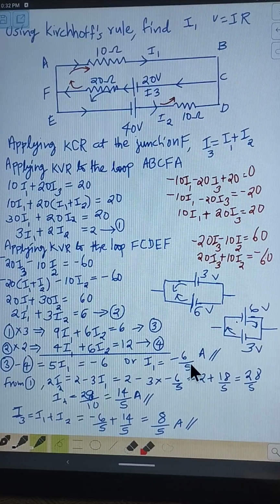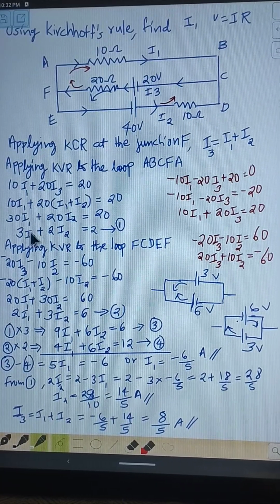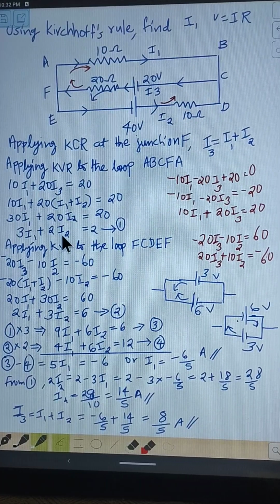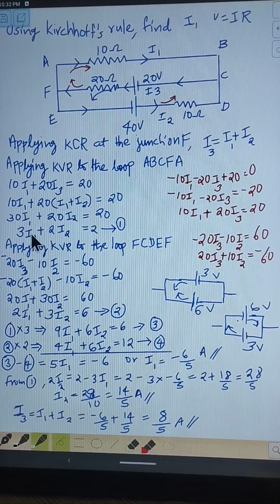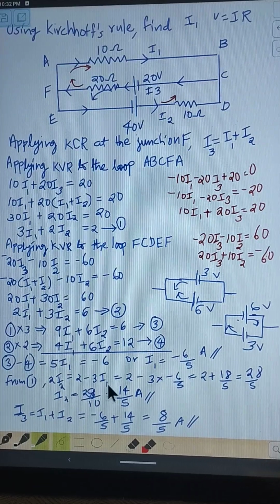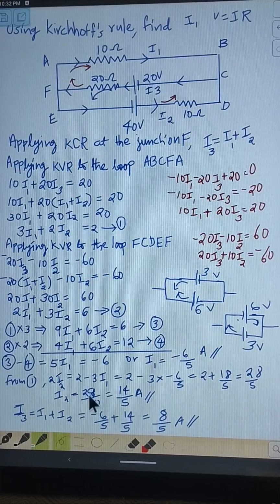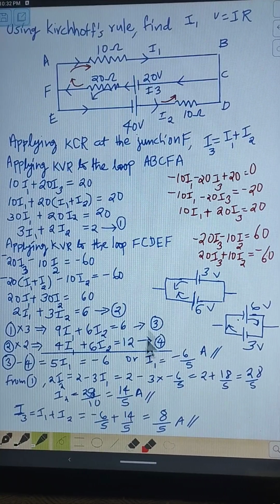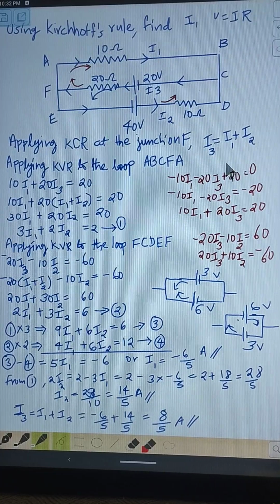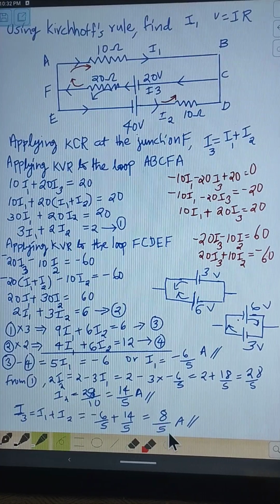I1 we got as minus 6 by 5, and here 3I1 plus 2I2 is equal to 2, so 2I2 is equal to 2 minus 3I1, and substituting the value of I1, we will be able to calculate I2 also. And according to Kirchhoff's current rule, we got I3 is equal to I1 plus I2, that is equal to 8 by 5 ampere.